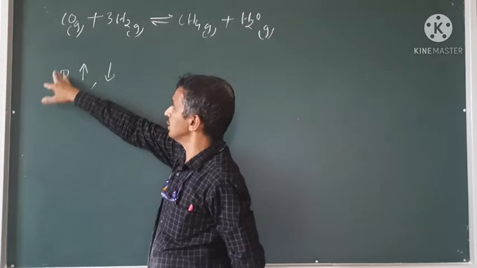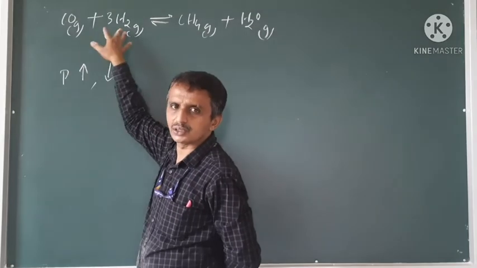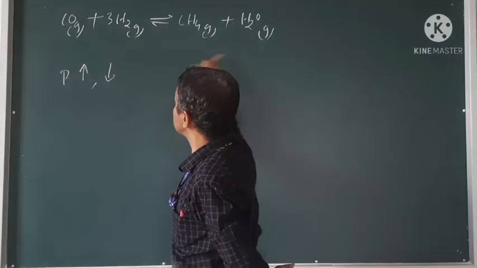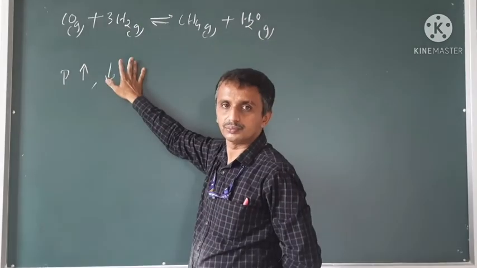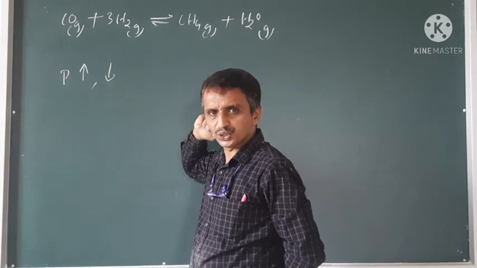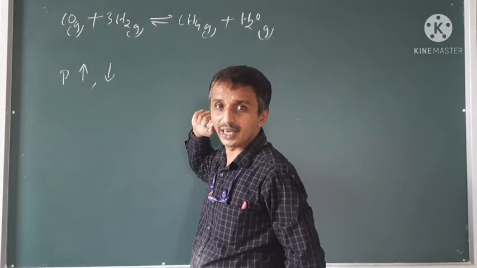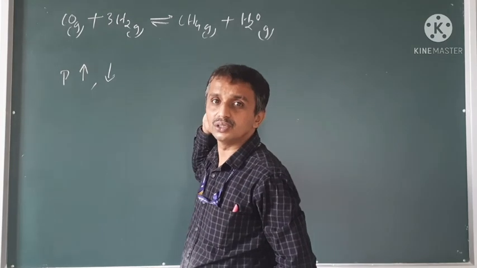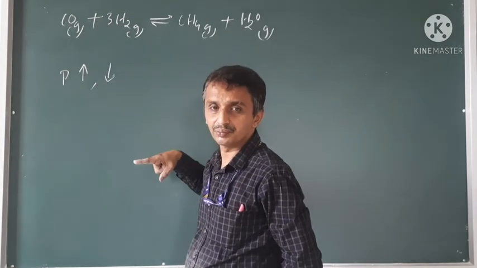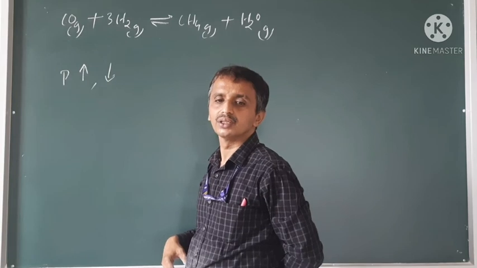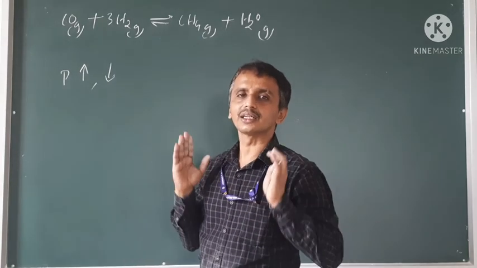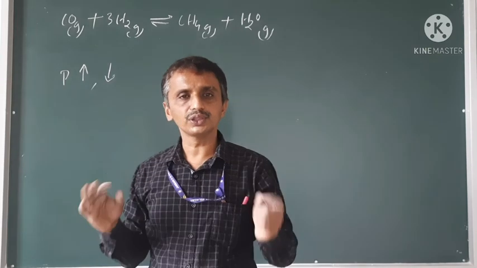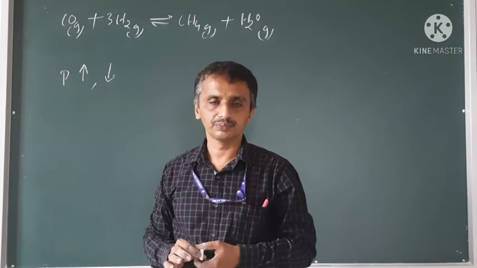When I change the pressure or the concentrations, the existing equilibrium will be lost. To bring back the equilibrium state, which direction the reaction shifts, we can get through Le Chatelier's principle. So this is the use of Le Chatelier's principle.